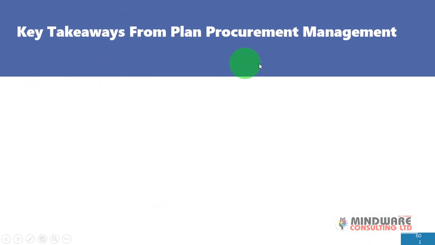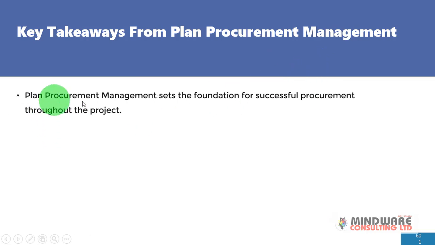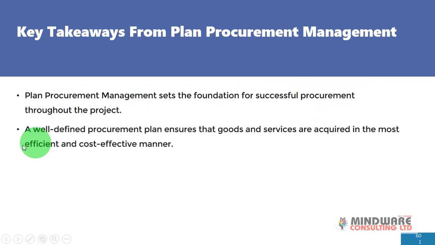So what are the key takeaways from the plan procurement management process? Plan procurement management sets the foundation for successful procurement throughout the project. A well-defined procurement plan ensures that goods and services are acquired in the most efficient and cost-effective manner. So when you have a well-defined procurement plan, you'll be able to acquire the products, the goods, the services, all the resources that you require for your project in the most efficient and cost-effective manner.